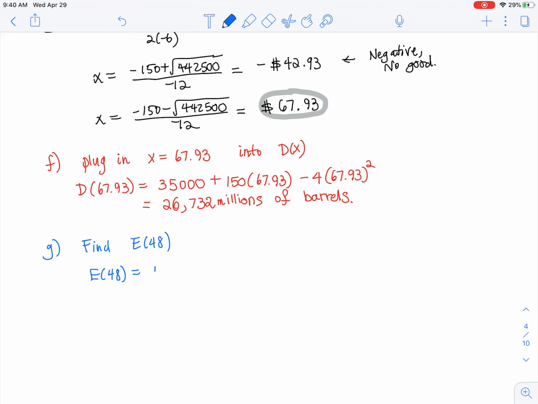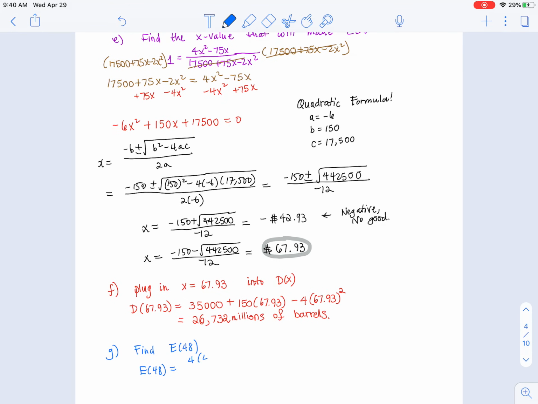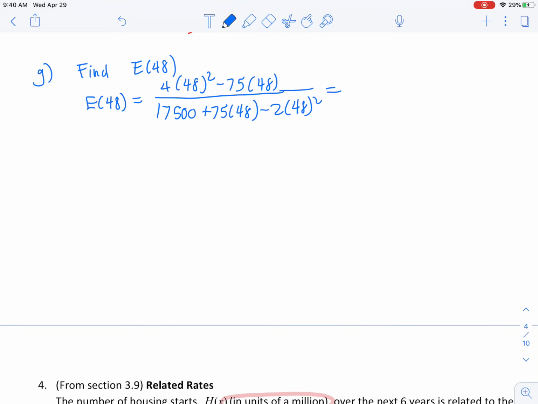Find E of 48. Okay, so E of 48 equals, gosh, I forgot the function. 4 times 48 squared minus 75 times 48 divided by 17,500 plus 75 times 48 minus 2 times 48 squared.